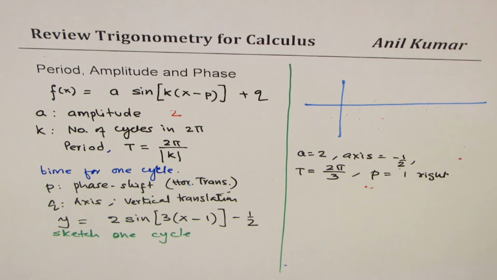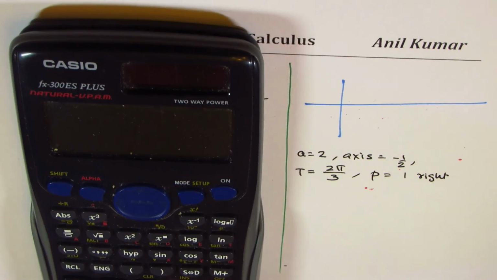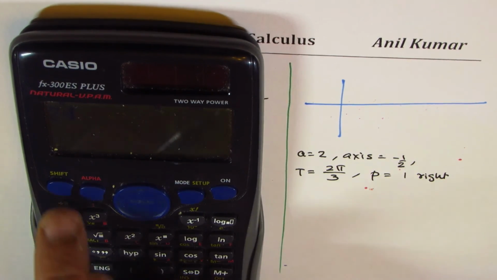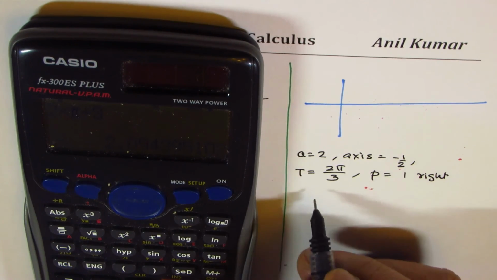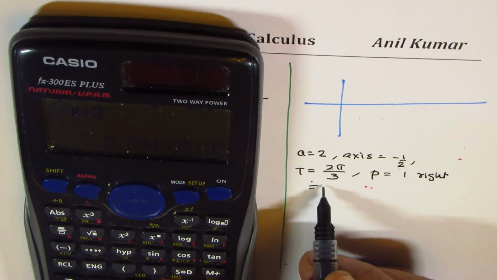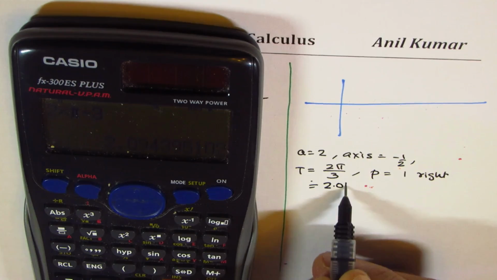1 unit right. Now it becomes kind of tricky at times when we use this value 2 pi by 3. So let's get an idea. What is 2 pi by 3? So 2 times pi, you can use 3.14, divided by 3 is in decimals approximately equal to, let's say, 2.01.